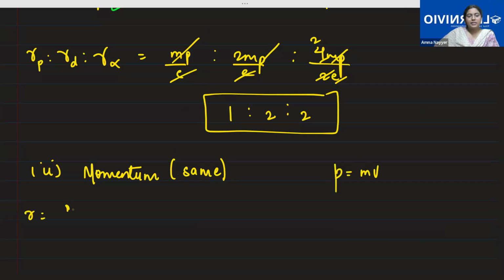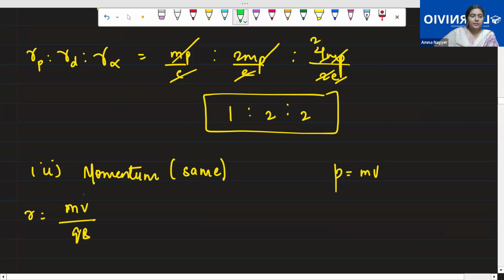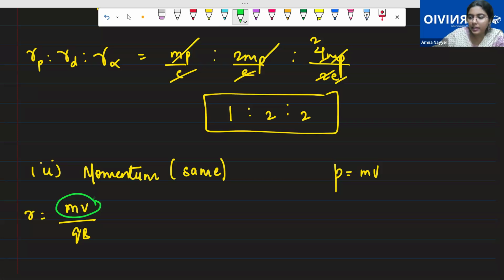So here R is equal to mv by qB. This whole term mv can be written as momentum.